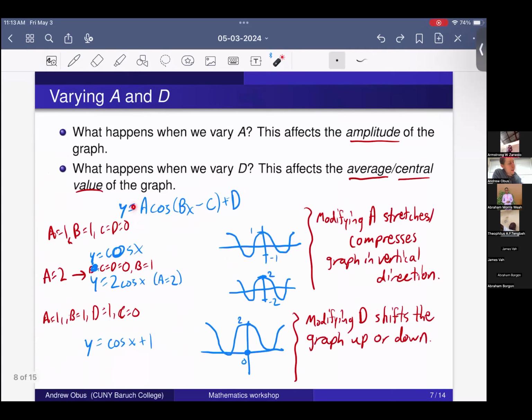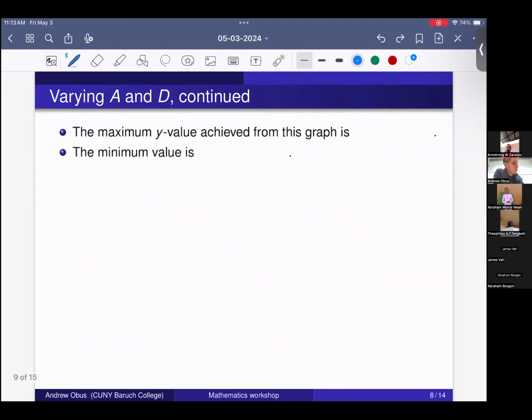Because the maximum Y value happens when this cosine term is equal to 1, right? That's the biggest cosine can be. So the maximum total value is going to be A times 1 plus D, right? That's as big as you can get. So the maximum Y value achieved from the graph is going to be A times 1 plus D, or A plus D.